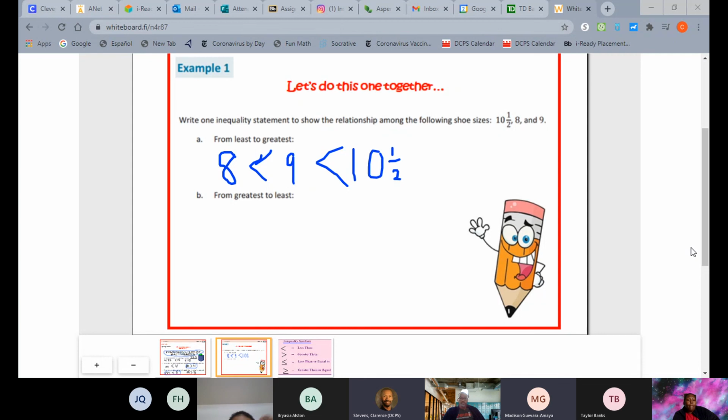What's the homework page name? It's called comparing rational numbers in writing and interpreting inequality statements.